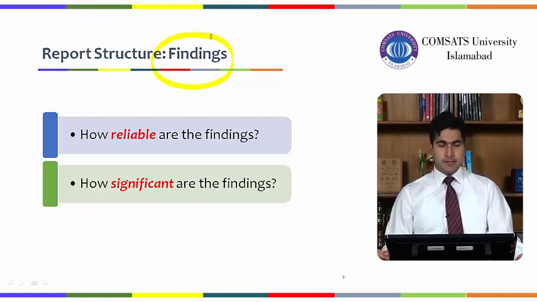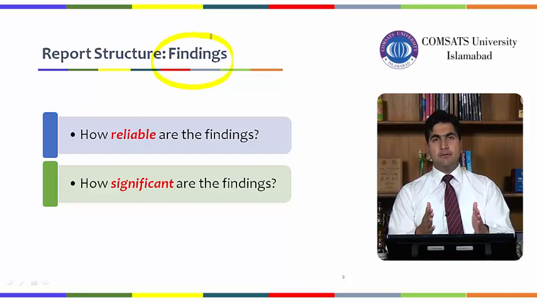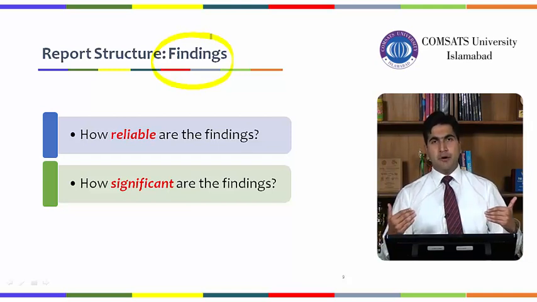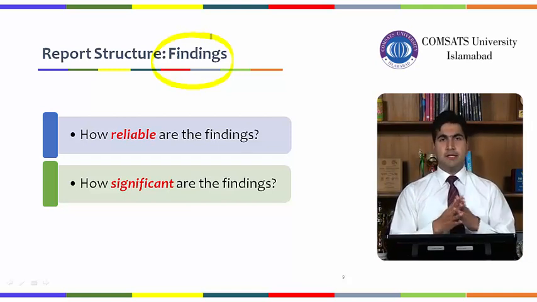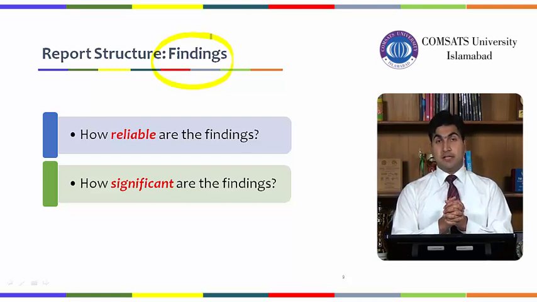But with reference to findings, what you need to write within your findings section is that, keeping in view these two bullet points, you have to state everything, even your findings, creating the same situation.